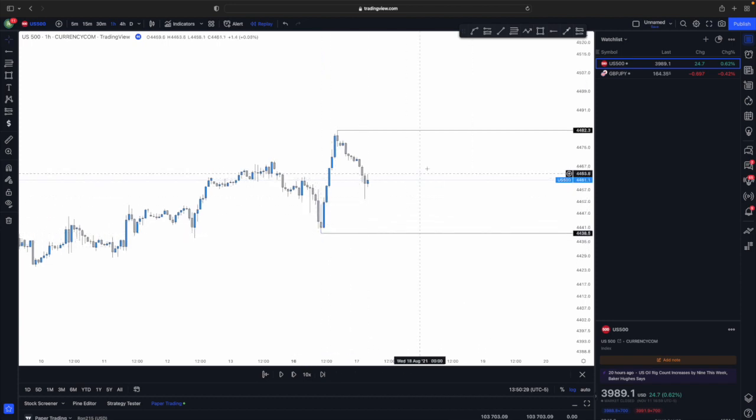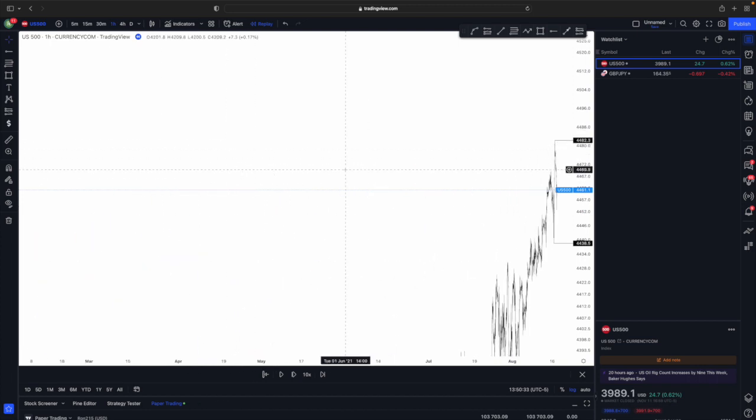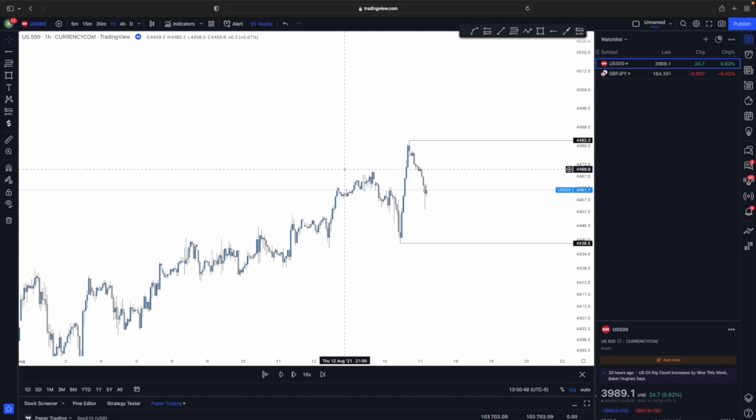Now, this low is probably more likely to happen because of how strong it broke to the upside, but as you can see, we're in no man's land. Anytime SPX breaks a new high or enters territory where it doesn't have any data, it gets very tricky, because at this time no one knows where price wants to go next. So you have to be very careful in these types of environments.